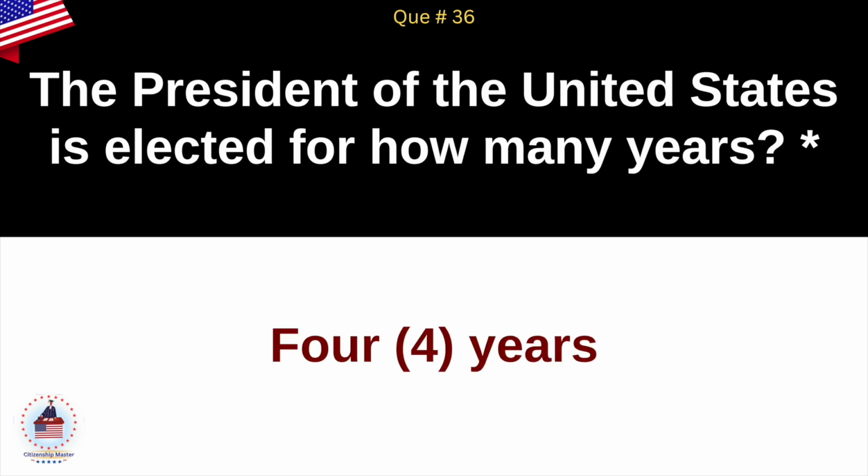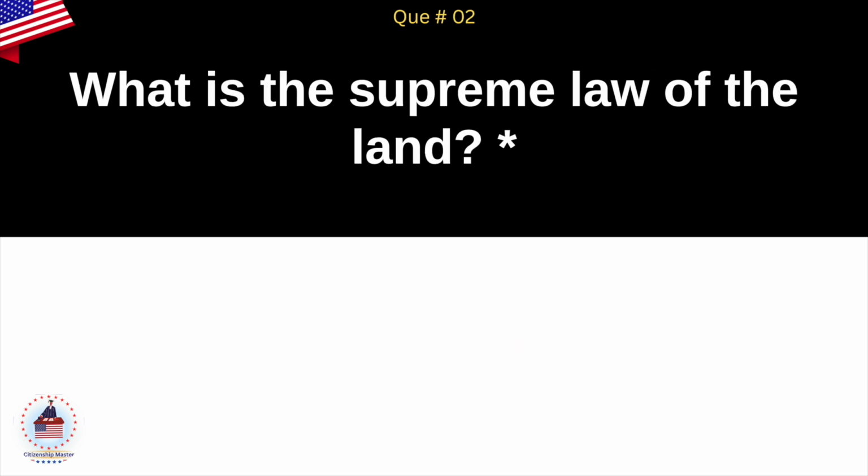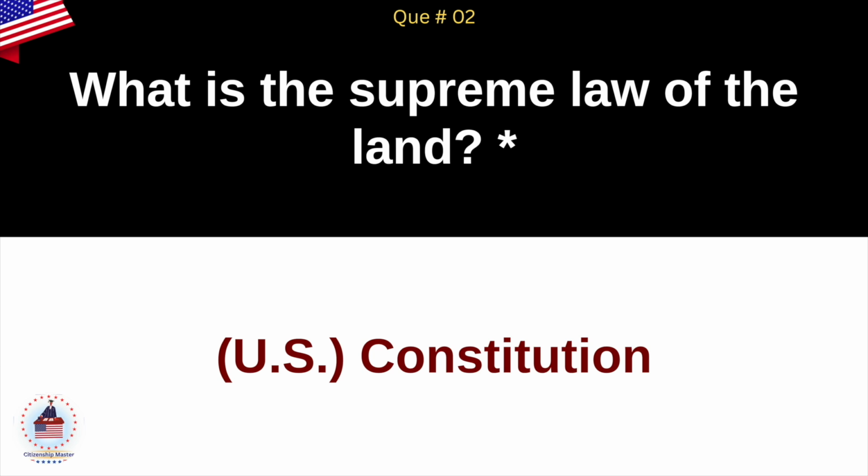Four years. When was the Declaration of Independence adopted? July 4, 1776. What is the supreme law of the land? U.S. Constitution.